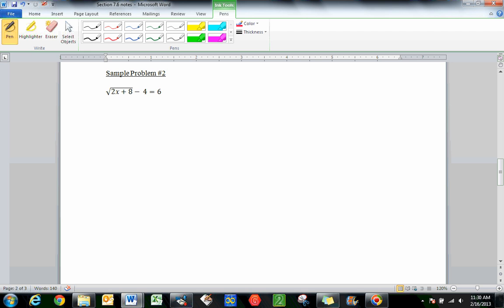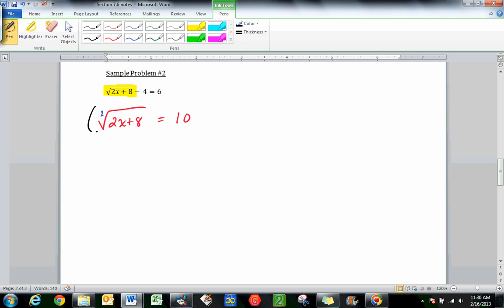Okay. So if we look at sample problem number 2, the first thing we want to do is isolate the radical term. So we're going to add 4 to both sides. That's going to give us 10. And now we have a square root, so that's an understood 2 there.